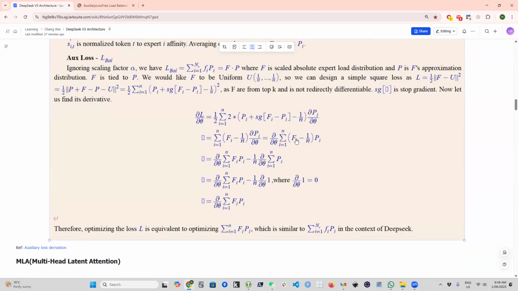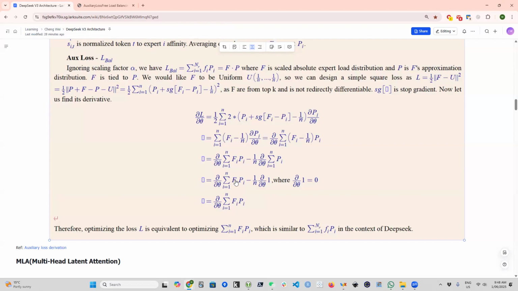So this times this becomes this part's derivative, and these two parts together we take the derivative. Right. Split. And then we can see this part will sum to 1, so the derivative of 1 is 0. So this part becomes 0, and we are only left with this part.